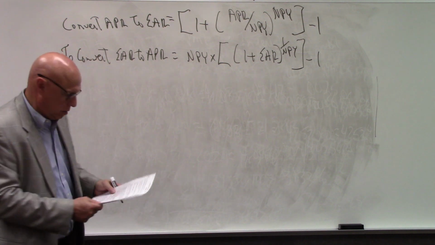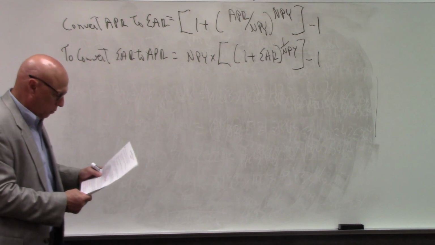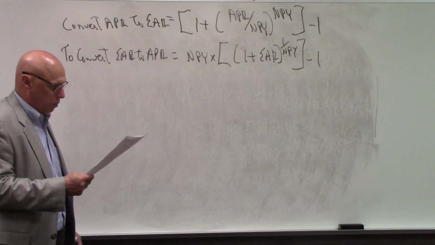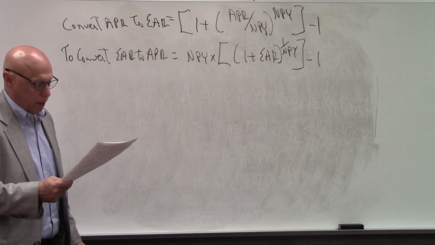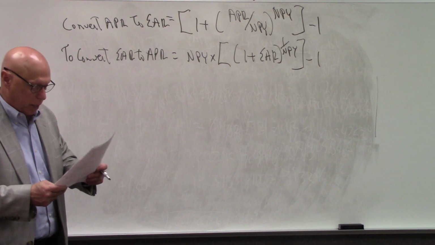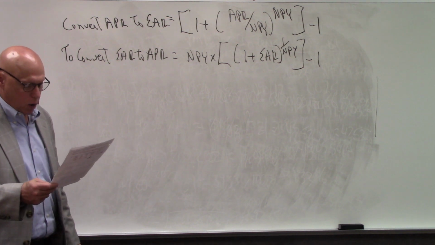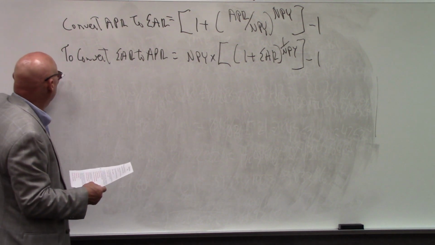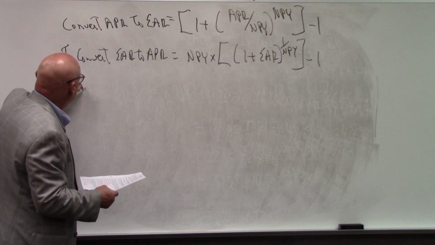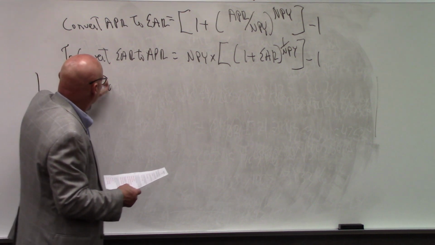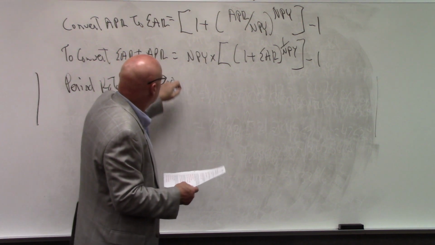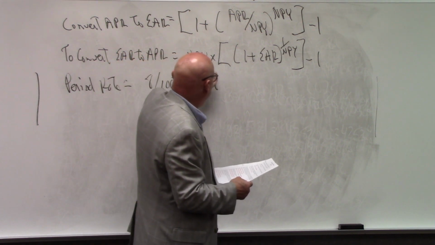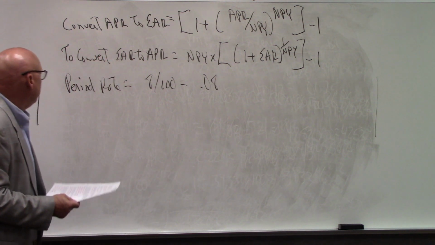Wake up out there. All right, you run a company, you decided to add a new line of products to sell. The manufacturer offers to finance your inventory. The terms are $8 of interest for every $100 borrowed. They give you 15 days to pay back the loan. What is the APR? What is the EAR? Let's find the period rate first. The period rate equals $8 divided by $100, 0.08, period rate, okay?